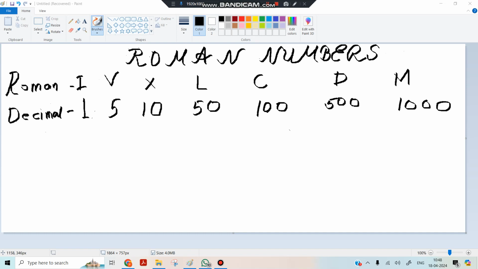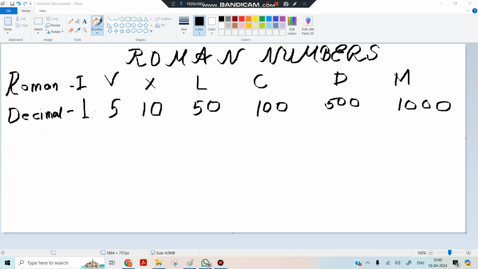In Roman numbers, alphabets are used to represent the fixed positive numbers. The common numerals that we use corresponding to the decimals are given over here.